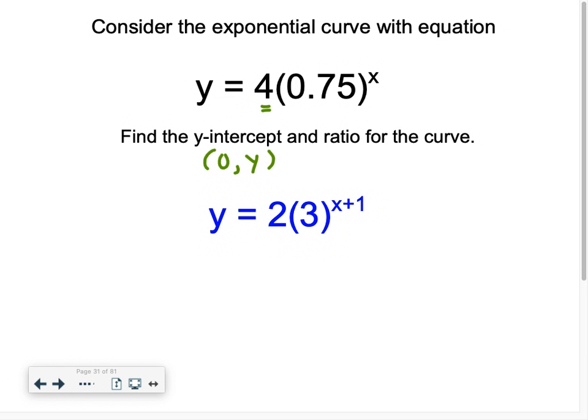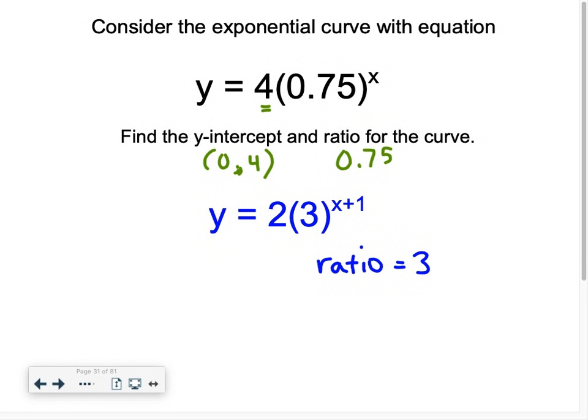Okay, the ratio, I think, is more obvious. It's always the base of your exponential function. So my ratio is 0.75, and my y-intercept is 4. I'll fill that in there. Okay, the only exception to this rule, if you look at the blue function, the ratio is still 3. Like, base of my exponent, definitely obvious, that's still 3.